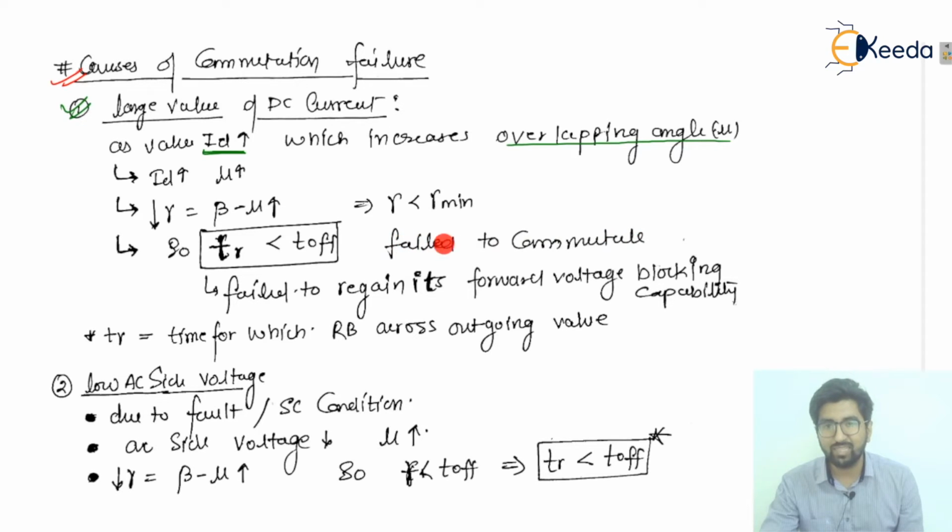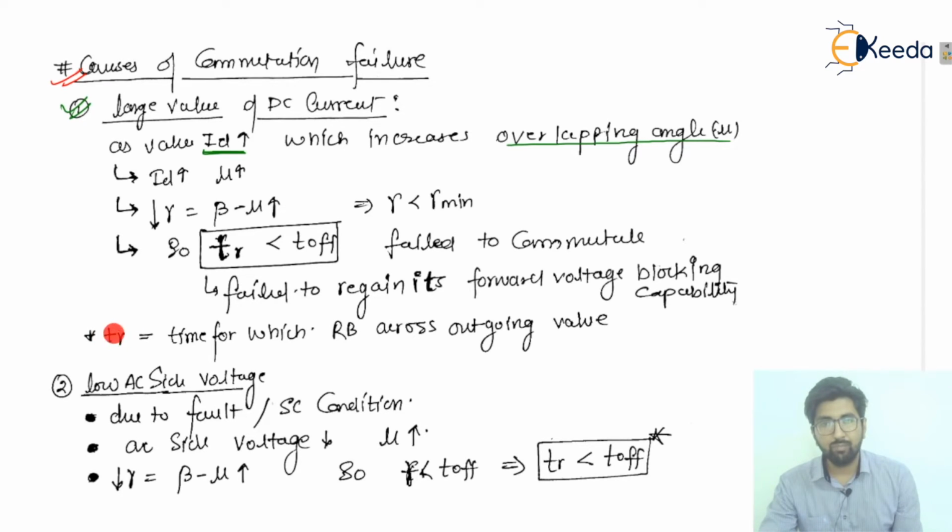This is due to failing to regain its forward voltage blocking capability. The thyristor has three modes of operation: forward conduction, forward blocking, and reverse blocking. We start from reverse blocking, then forward blocking, then forward conduction.